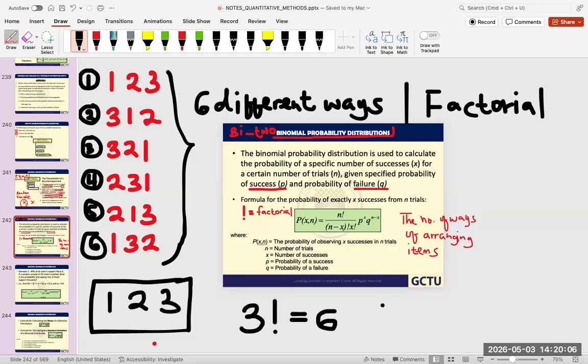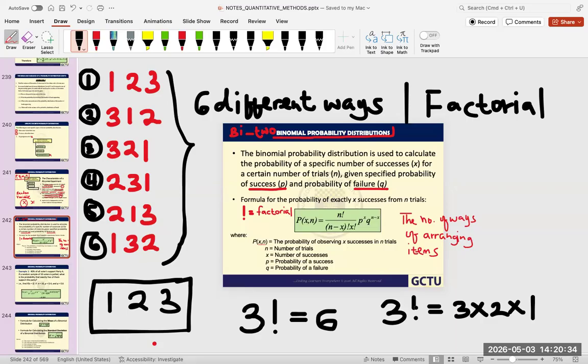Anytime the calculator gets 3 factorial inputted, what you are simply telling the calculator is that it should keep going back till it gets to 1. So from 3, you multiply it by 2, because from 3 you go to 2, and then you go to 1. The moment you get to 1, this factorial sign goes away.